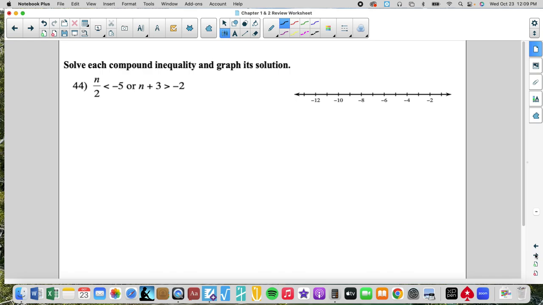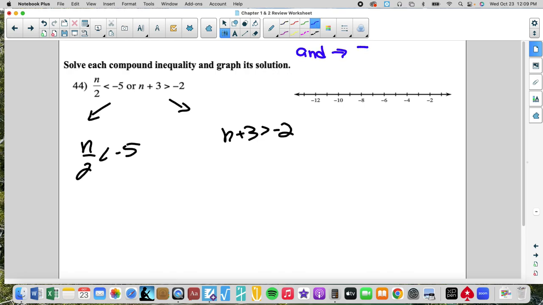All right, solve each compound inequality. So compound inequalities, we have to write two statements. So n divided by 2 is less than -5, or n plus 3 is greater than -2. So some things we have to remember. And means it needs to be true, true.